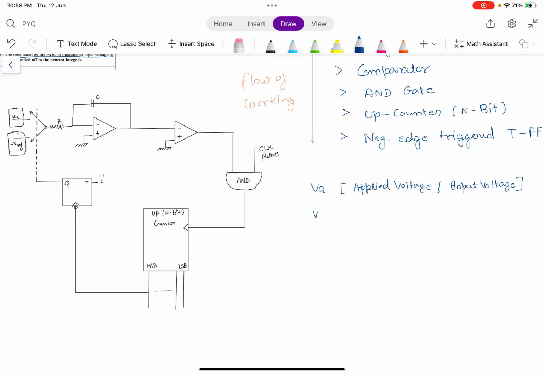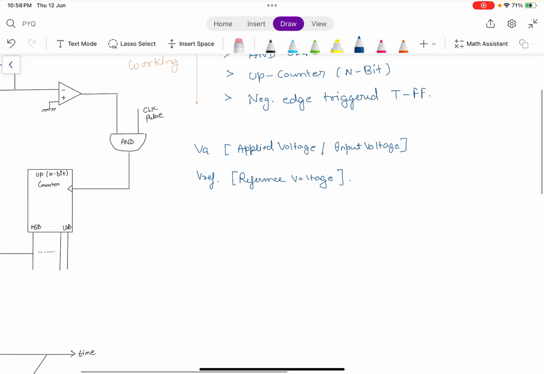And your second is your reference voltage. One thing you should keep in mind is that this is your positive value and this is your negative value.